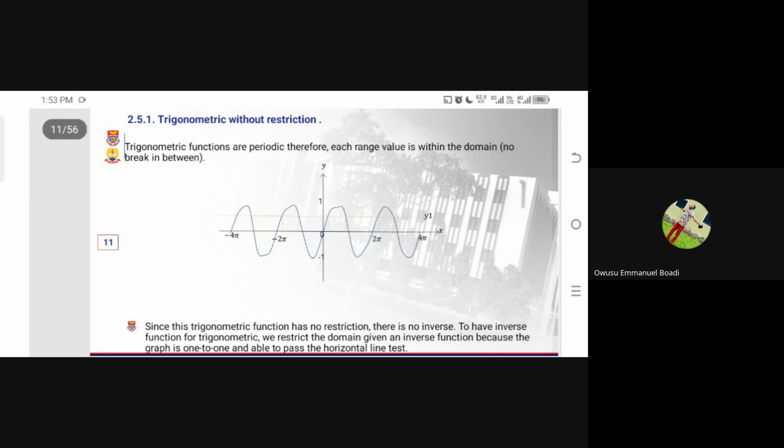You remember at the end of the first slide, we made some restrictions. Trig functions are actually circular functions, and they are periodic functions. Let me sketch something quickly.